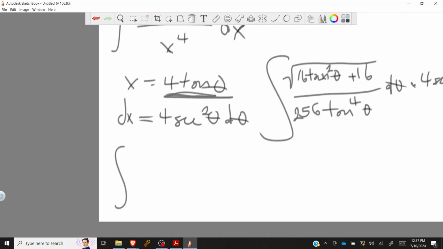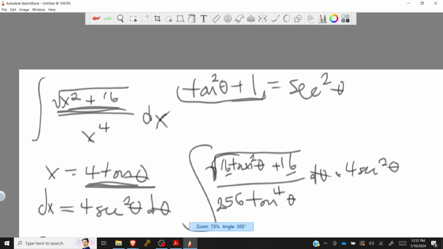So let's simplify this down. We're going to take a 16 out of both terms. It's under the square root, so that's going to become 4. And then tan squared plus 1 is equal to secant squared. That is also under the square root, so that's going to be equal to secant.